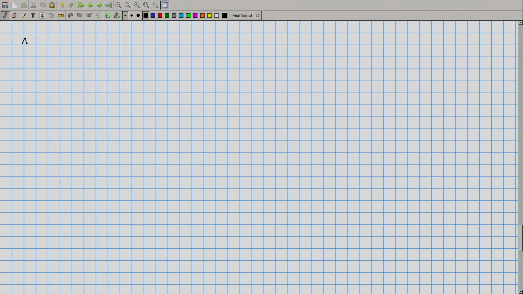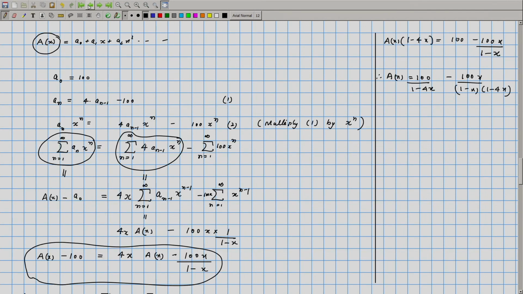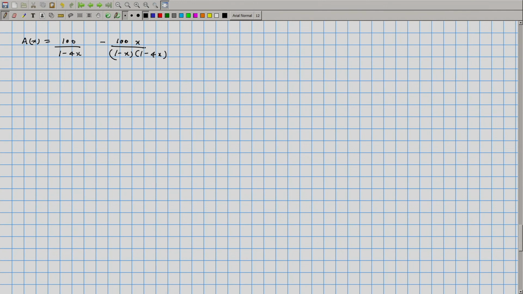So, what we know is a x is equal to 100 by 1 minus 4 x minus 100 x divided by 1 minus x into 1 minus 4 x. Now, from this, how do we get the value of the nth term? Okay. So, we can look at this generating function carefully and try to determine the coefficient of x raised to n.